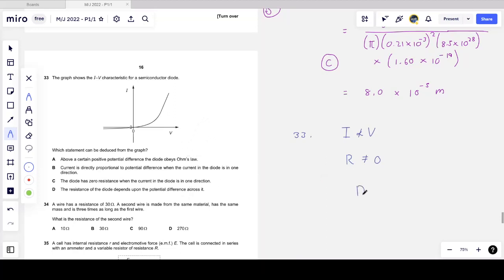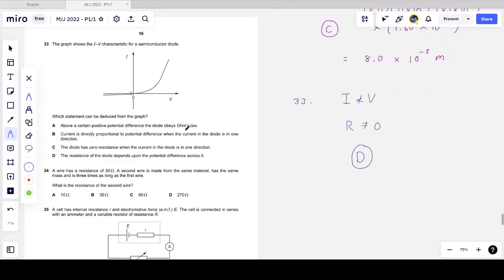So that's option D. There's a relationship between I and V, and if I changes, that means resistance is changing. So as the potential difference changes, the resistance of the diode changes as well. How do we know that? Because current is changing. So that's option D.